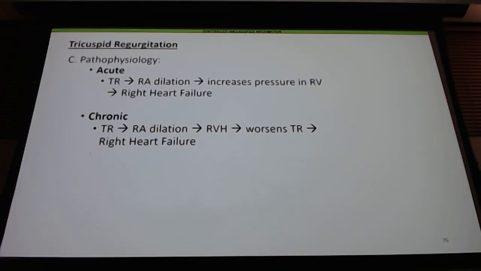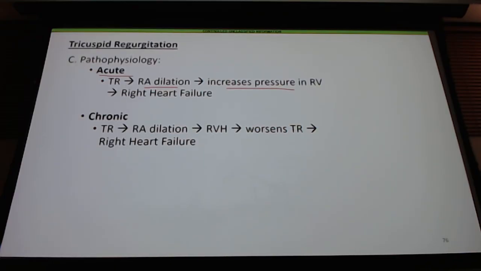From a pathophysiologic standpoint, with acute tricuspid regurgitation, you're going to have that right atrial dilation, which is then going to lead into affecting the right heart, and it's going to cause right heart failure. So you're going to get the peripheral edema and the jugular venous distension with this.